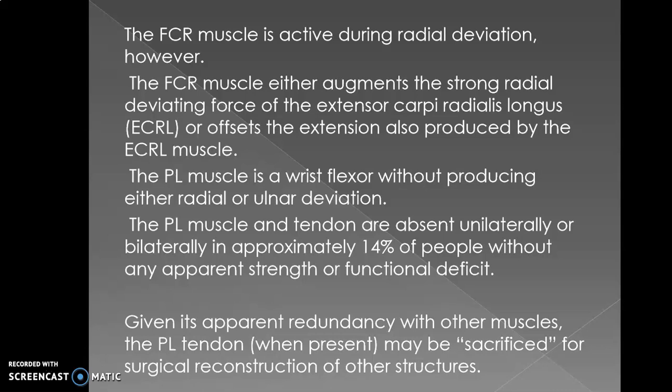And you have to understand that some people don't have it. 14% of the people have it in one hand and not in the other hand. So regarding the palmaris longus muscle, always remember that it is the main wrist flexor muscle without producing any radial or ulnar deviation because it is centrally placed. And the important thing to remember is that 14% of the people don't have it. If you have 50 students, just check your palmaris longus tendon on both sides.